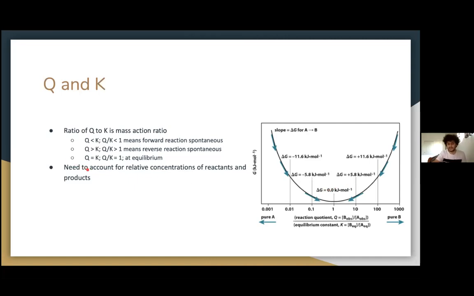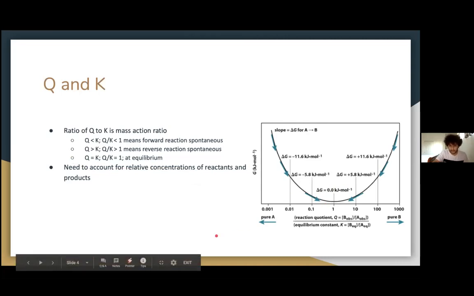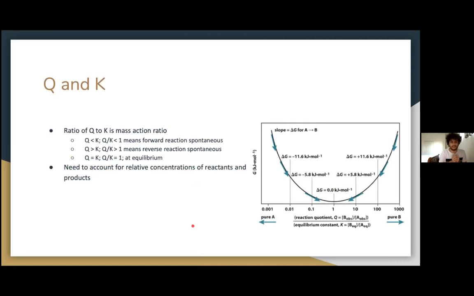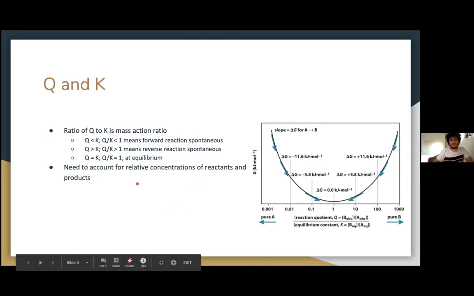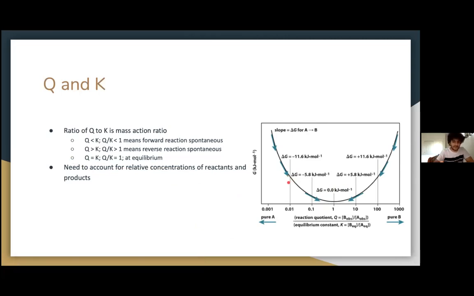And if Q is equal to K, that means you're at equilibrium and your delta G is 0. Pretty straightforward. Just make sure you don't mix those up when you're doing any calculations. And again, you just need to account for the relative concentrations of reactants and products in the system you're looking at. And remember, delta G is what we're looking at to observe the spontaneity of the reaction, not delta G naught.